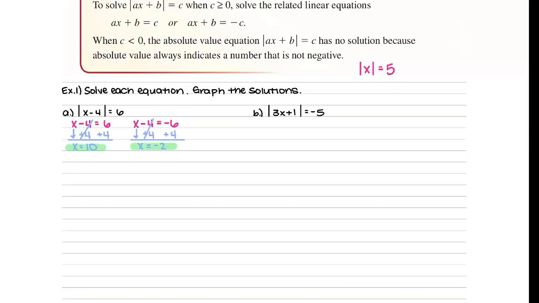We want both possibilities of what that x can be. If we take the absolute value of 5, we're going to get 5. However, if we take the absolute value of negative 5, it's also 5. So we're doing both possibilities here.